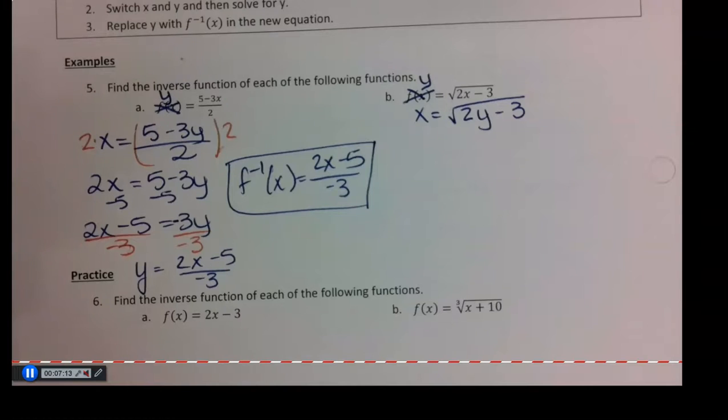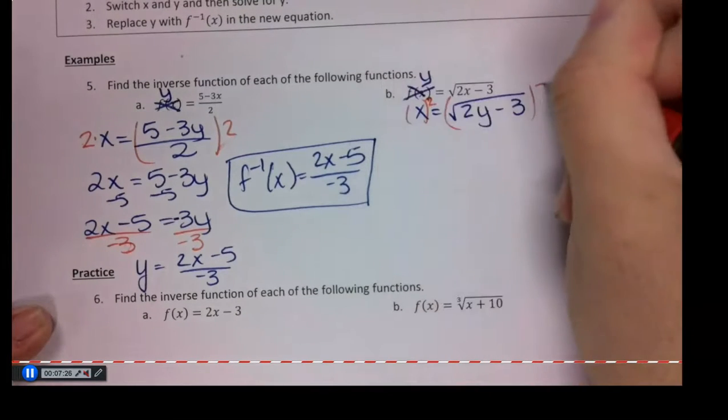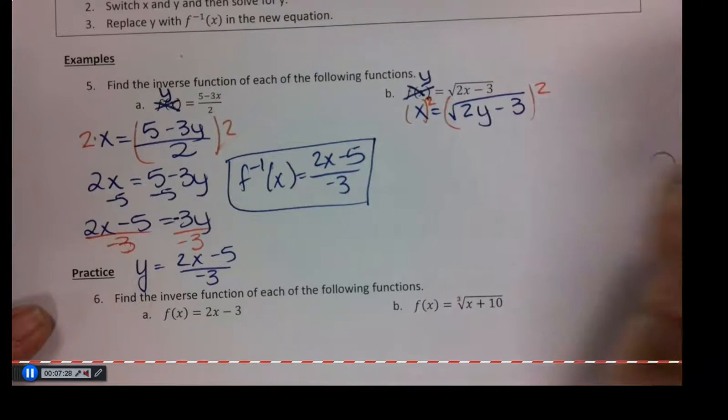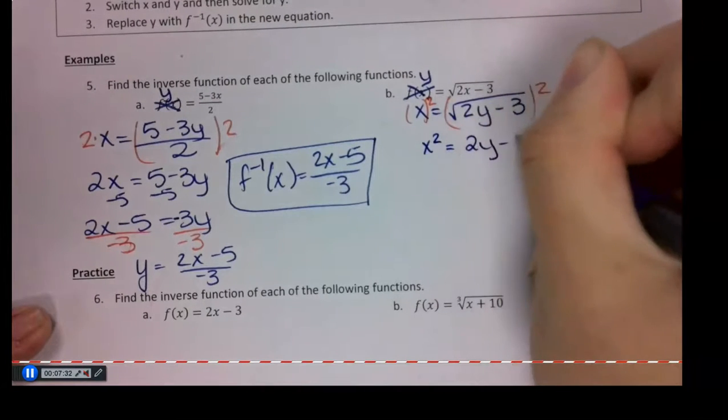Okay. Then how do I start off by getting y alone? Close, it's a square root. Square it. So I want to square both sides. That's going to give me x squared on the left and just 2y minus 3 on the right.